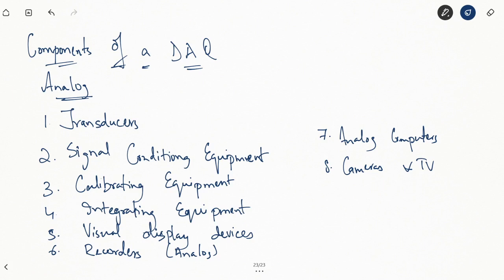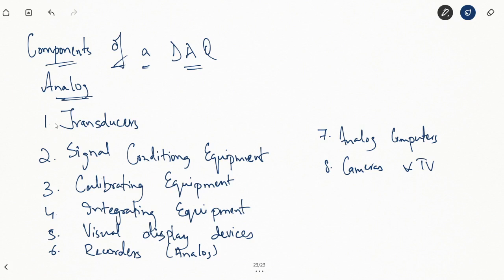As far as signal conditioning equipments go, there will be equipments like amplifiers that help us better transform the output of a transducer to desired magnitude values, or to any form that's acceptable to the data acquisition system. They can also amplify the output of your transducer into a more measurable, more readable form for the system.